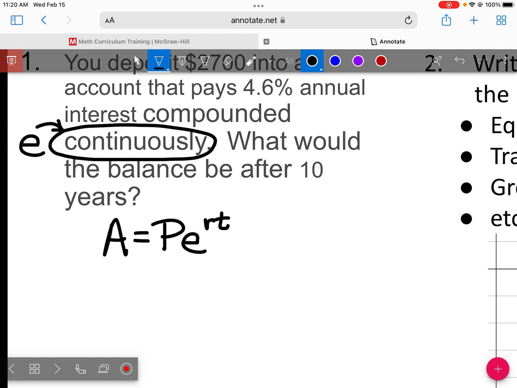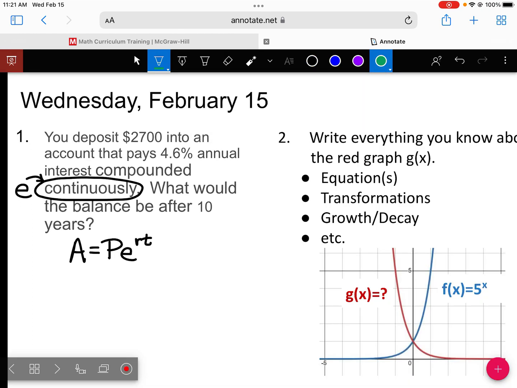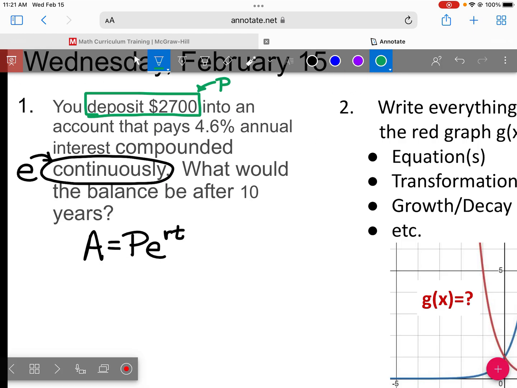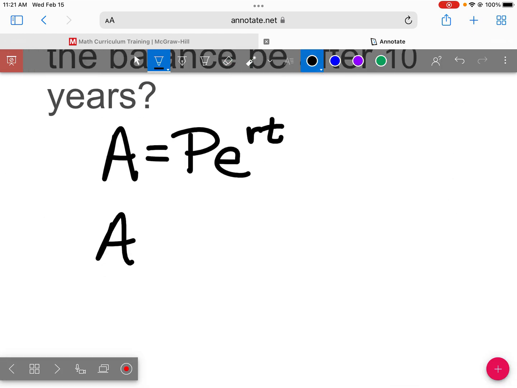So what are we substituting in for P? $2,700. That is the starting amount, the deposit amount. A is equal to 2,700.